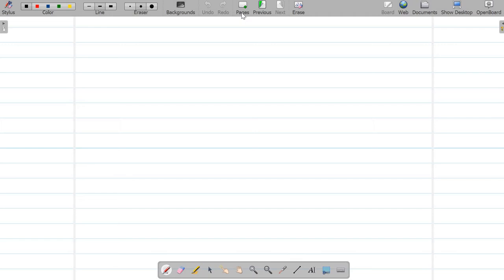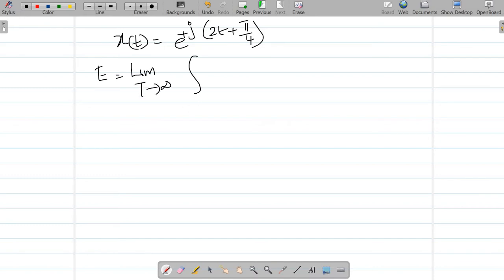So let us take the next example. X of t is equal to e to the power of j(2t plus pi by 4). If I want to find out whether it is an energy signal, I have to do this limit t tending to infinity of the integral from minus t to plus t of magnitude of x of t squared dt.